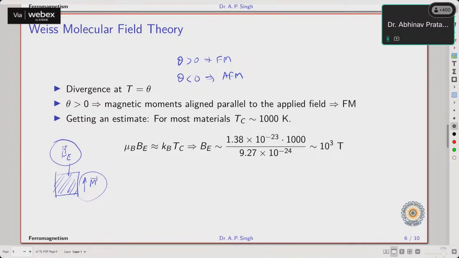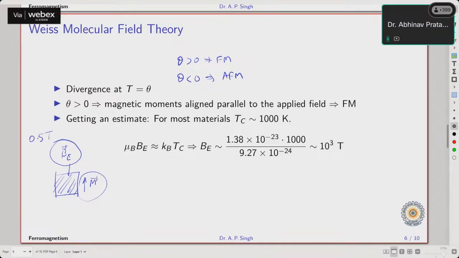And remember, for a very strong magnet, at least the magnets that you may see in your real life, for example, for Hall measurement, the magnet that we use is generally of the order of 0.5 Tesla.